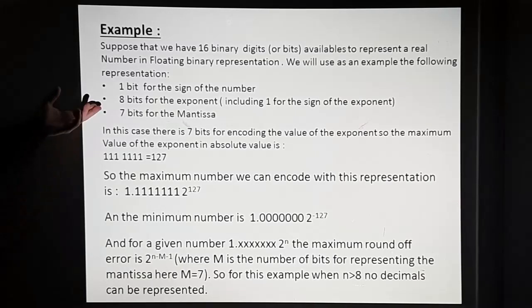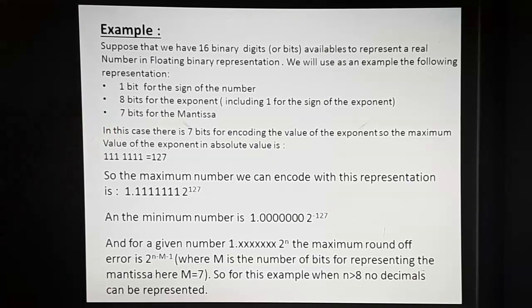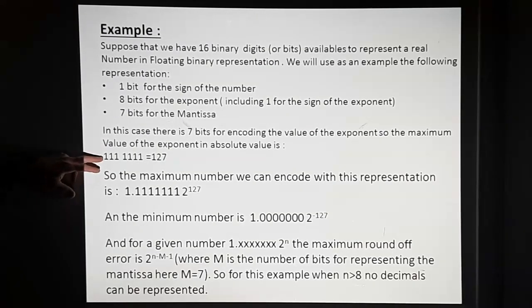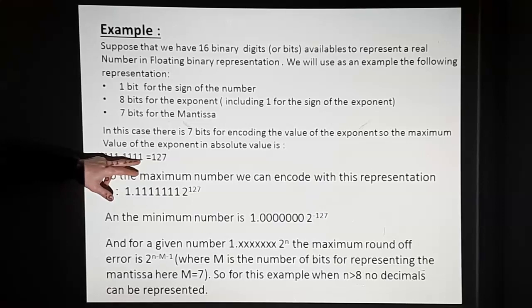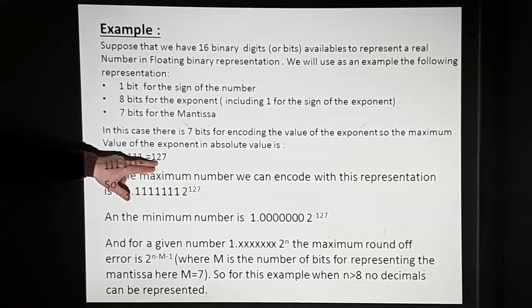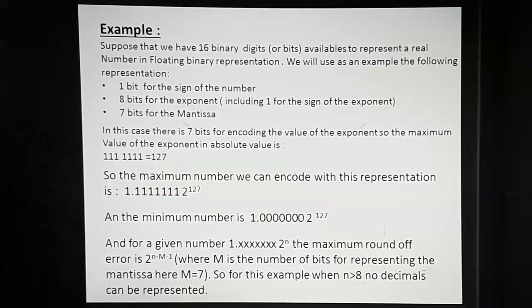So in the case that we have 7 bits for encoding the absolute value of the exponent, the maximum absolute value for the exponent will be 1, 1, 1, 1, 1, 1, 1. So this is 2 power 7 minus 1, which is 127. So this is the maximum value that the exponent can take in absolute value.